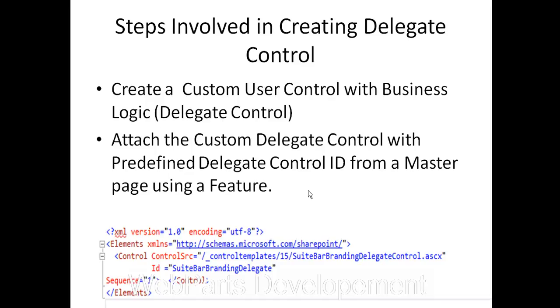If you can see the elements.xml file here, I am simply referring to the control where my custom control is implemented. The main thing we have to remember is that for the ID, you have to mention the same one that is available in the master page. And the second thing is the sequence, which is also very important.